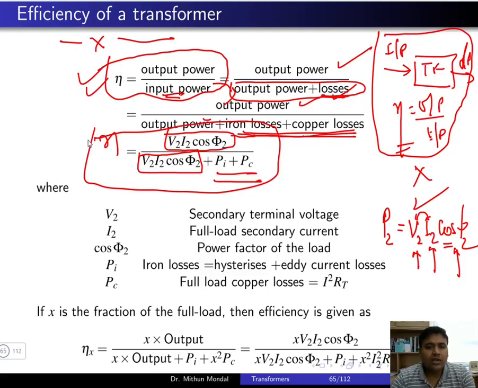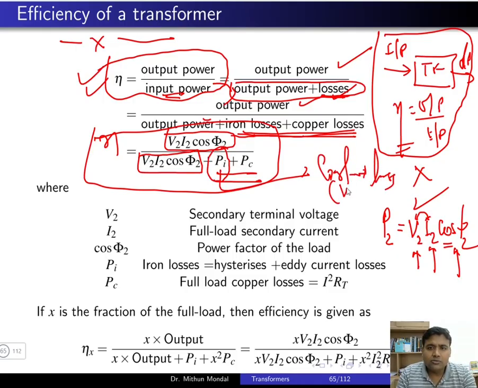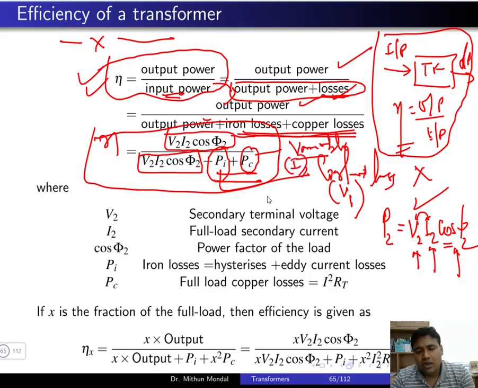Now one piece of information I would like to give here is that the iron loss is basically the constant loss, which depends on the voltage V1. And the copper loss in the machine is the variable loss because it depends upon the current I. Now, as the load in the transformer changes, obviously the current in the transformer will change.